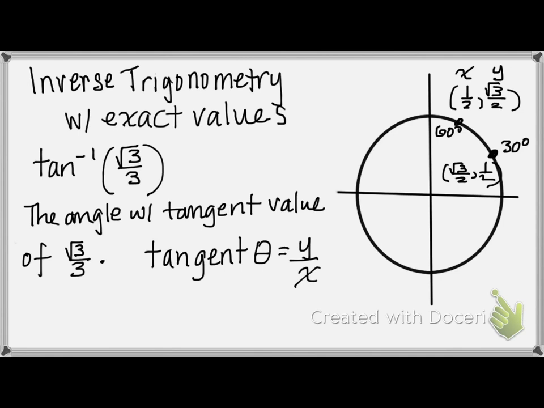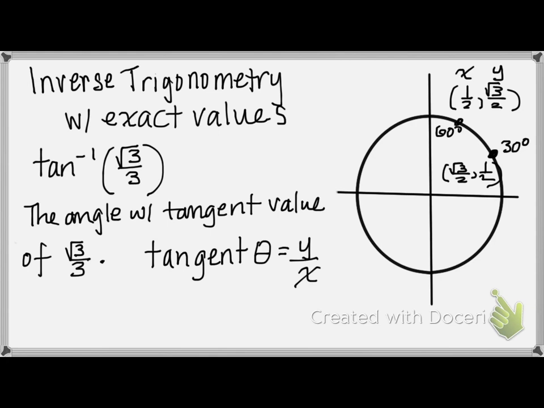So hopefully, if you took a moment to think about that, you would be able to come up with this one. It's the 30 degrees. So if you look at the y over the x, that's going to be 1 over rad 3, which is rad 3 over 3. So that's really just a basic arithmetic challenge.